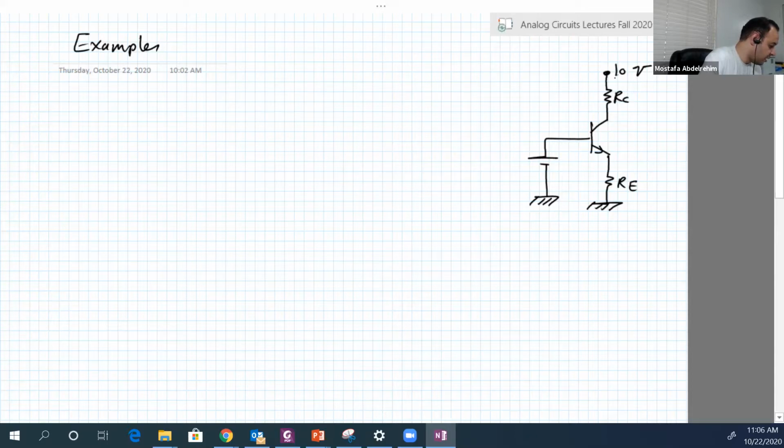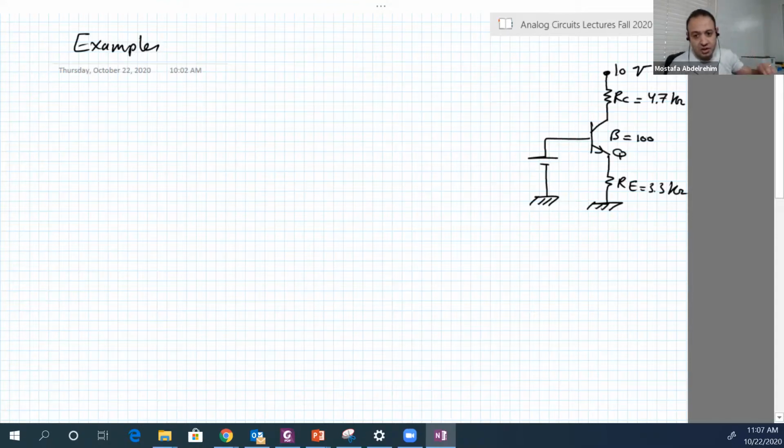RC is 4.7 kilo ohms. RE is 3.3 kilo ohms. Beta is 100. They usually call the transistor Q. If you look on the internet and find a symbol of a transistor with Q, this is the name. Why? I don't know. And this is 4 volts.